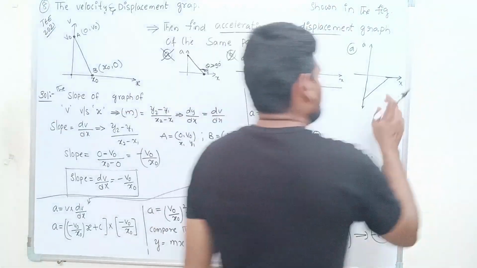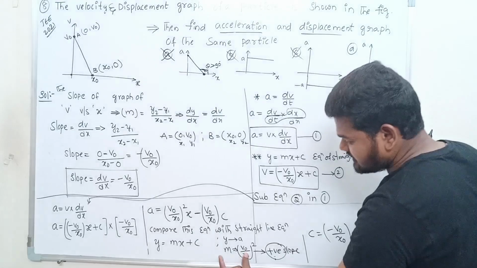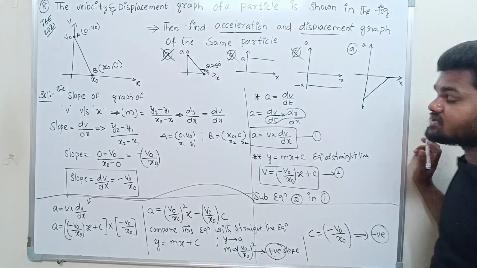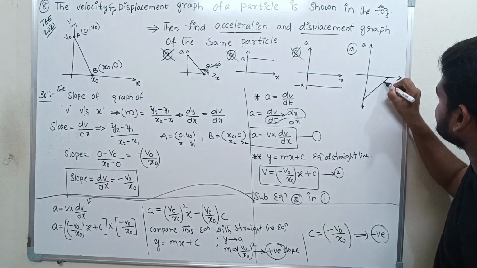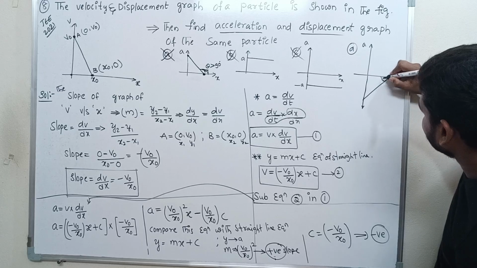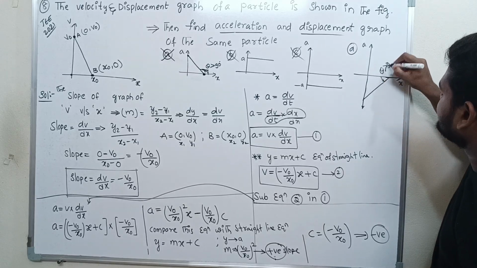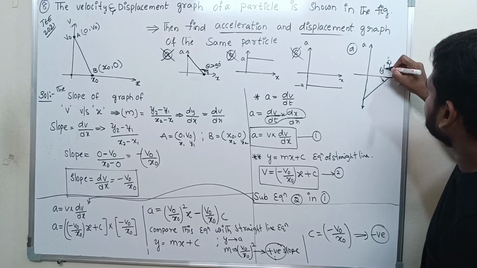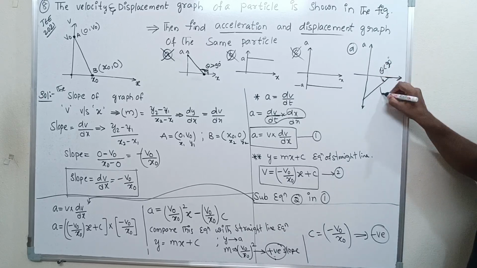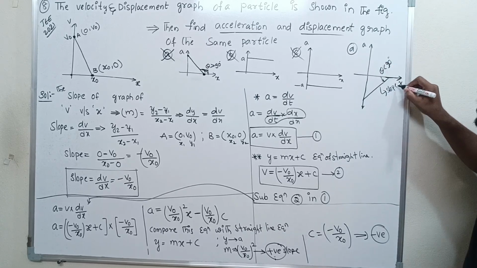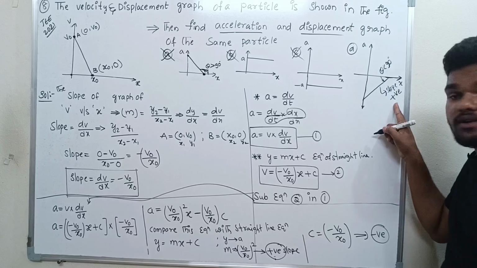Have a look at the last graph. The slope we got is a positive slope. From the positive x-axis, if you take an angle theta, this theta is less than 90 degrees. If theta is less than 90 degrees, then the slope is positive.